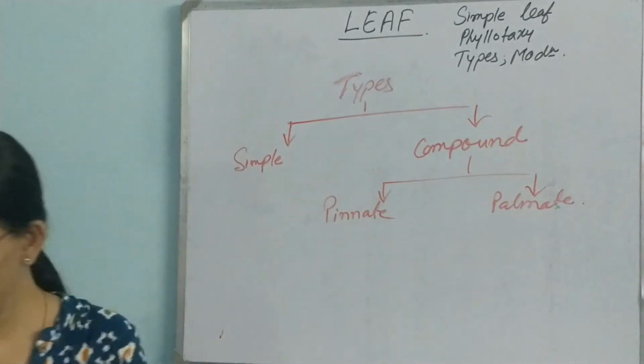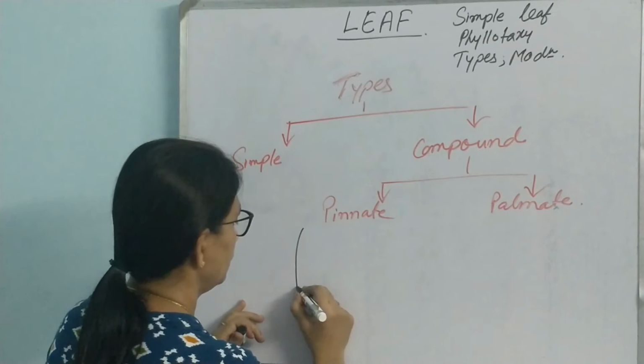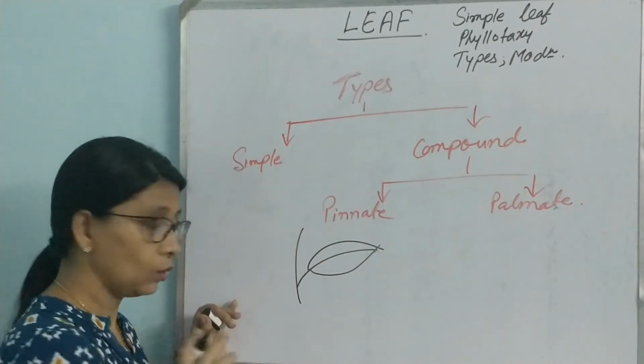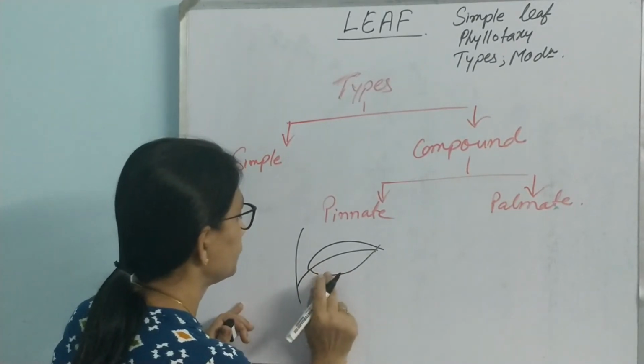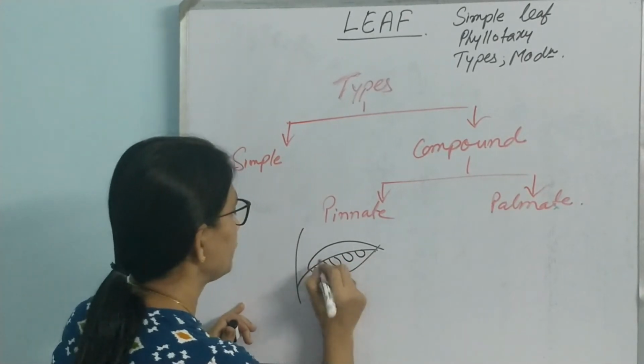Now what happens in pinnate is, suppose this is a leaf, okay? Now the leaf is divided. Say leaf is divided into small leaflets.